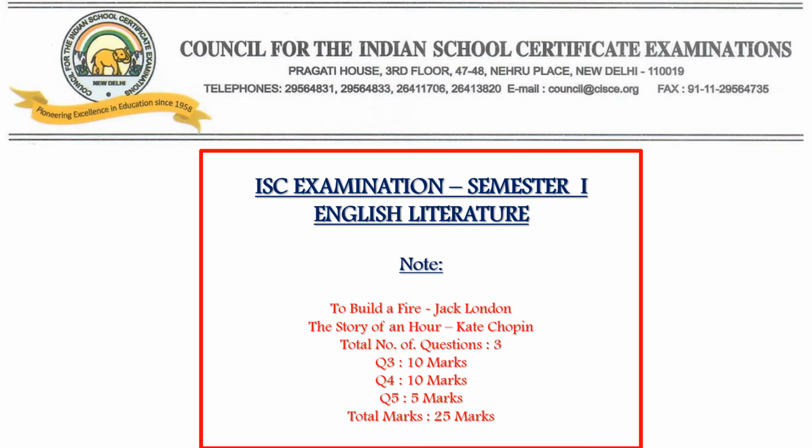Students, let us note that in the ISC examination semester 1 in English literature, the council has selected two stories: To Build a Fire by Jack London and The Story of an Hour by Kate Chopin. These two stories have been taken for the semester 1 examination.